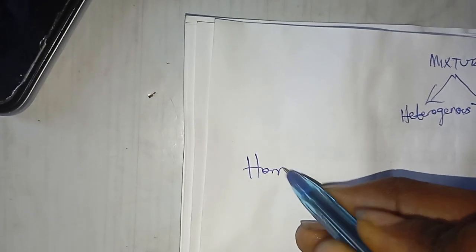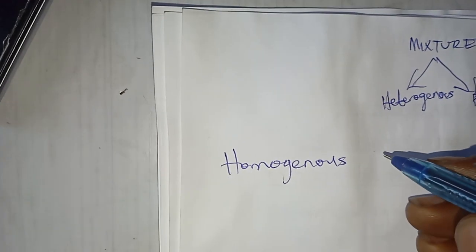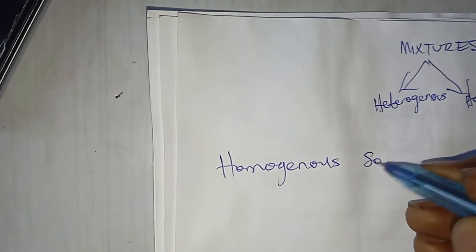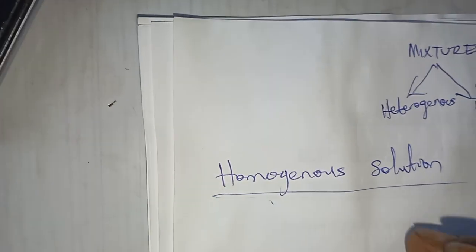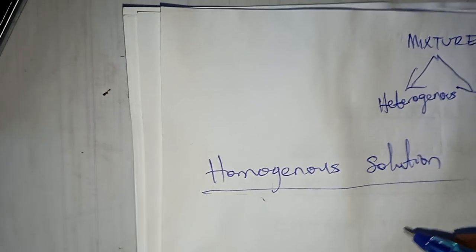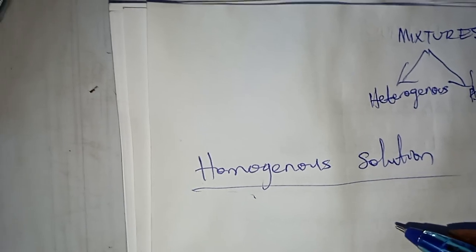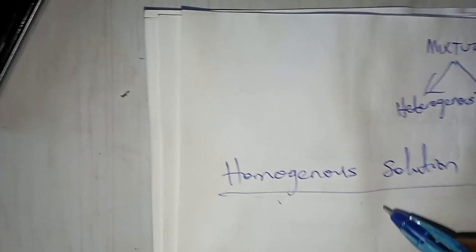Now, for the concentration of a solution, let's focus on homogeneous solution, and the solution we'll be dealing with is liquid in liquid solution. So for homogeneous solution, to get the concentration, or what we call measurement of a solution, we normally do it by what we call percentage composition.